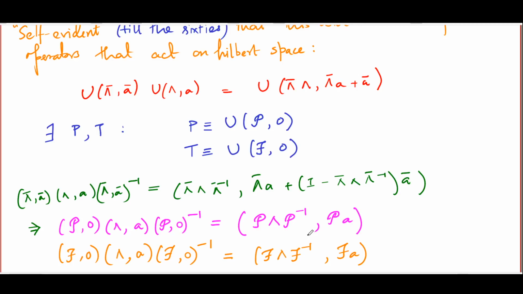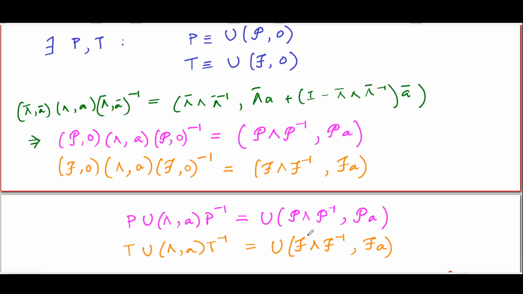Now, this is a perfectly good result at the level of Poincare transformations combining with each other. However, the assumption that we have made that there are unitary or anti-unitary operators acting on Hilbert space which mimic this transformation rule leads us to the following conclusion.